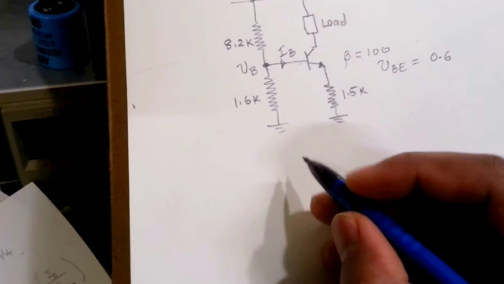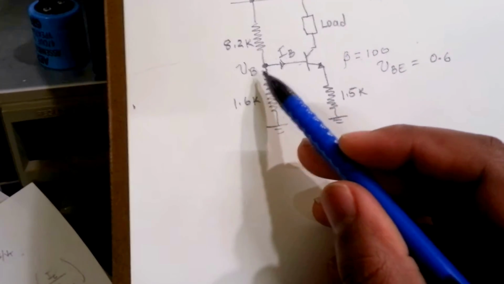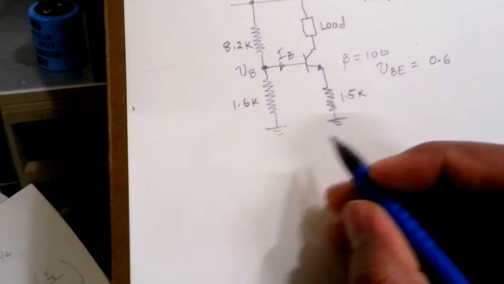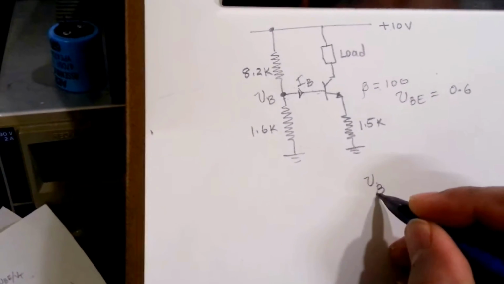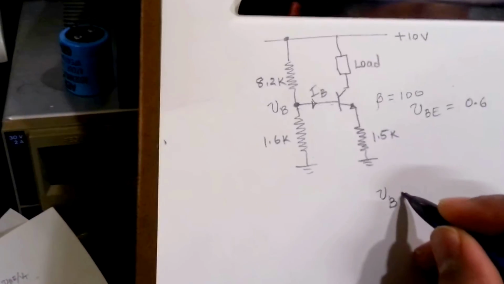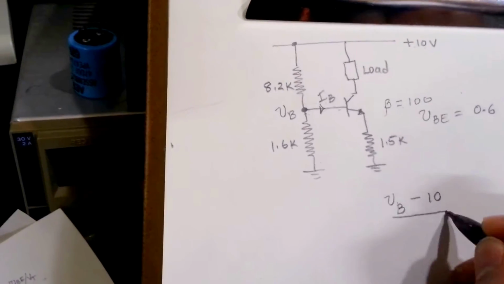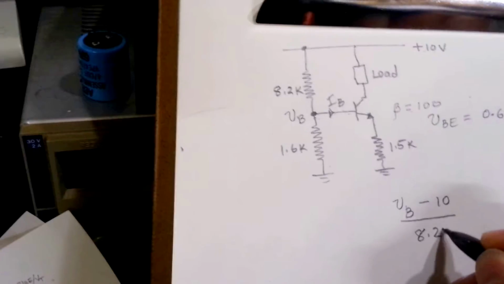So the KCL equation at this node is (VB minus 10 volts) divided by 8.2k ohms.